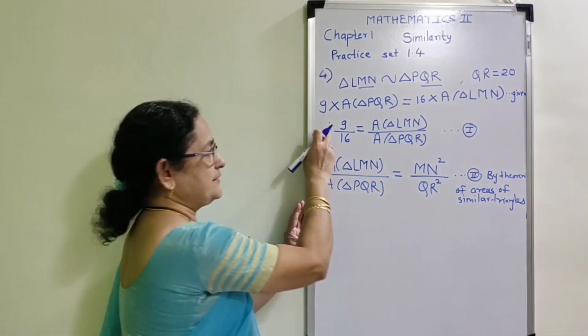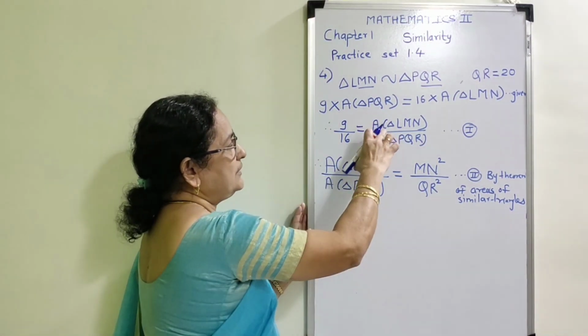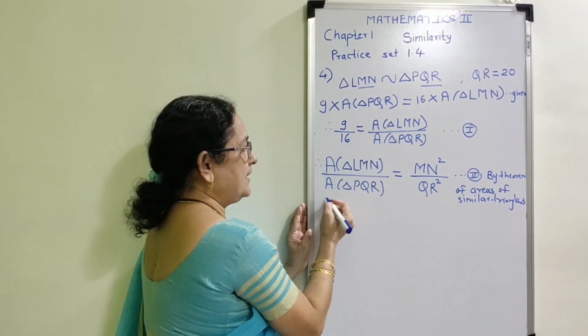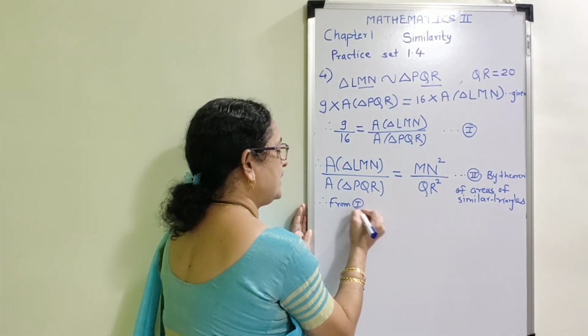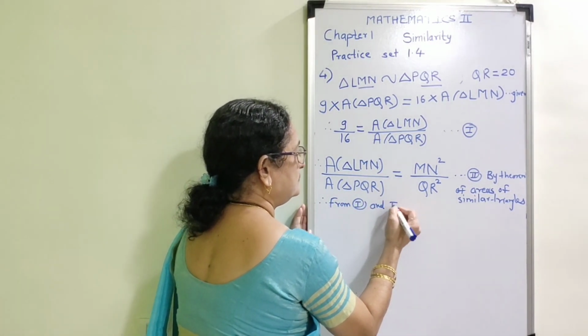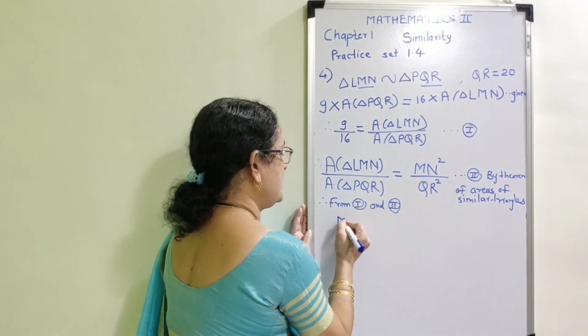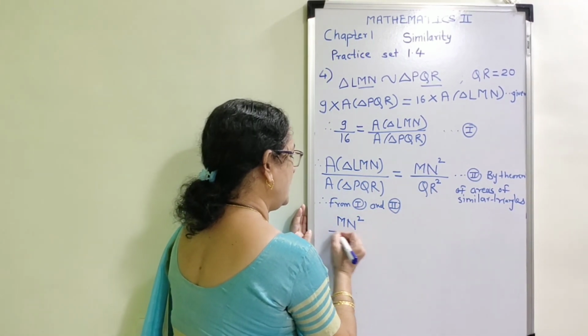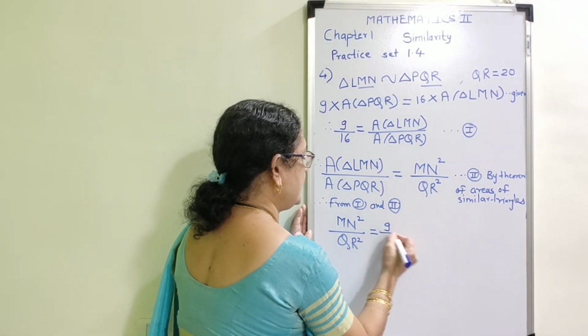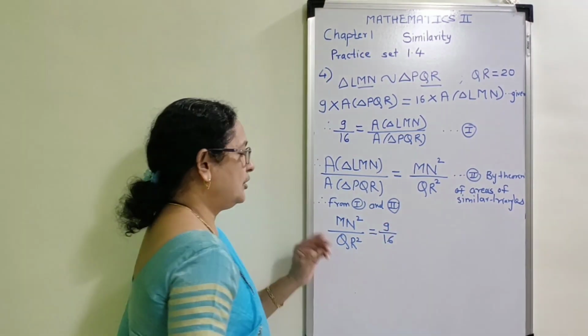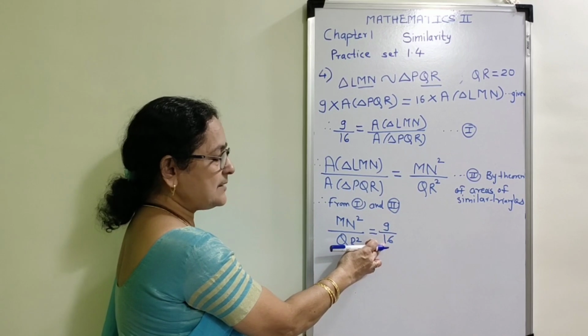Now observe these two statements. Here these two are common, and therefore from 1 and 2 I will get MN square upon QR square is equal to 9 is to 16. Now these two, both the numbers are perfect squares.